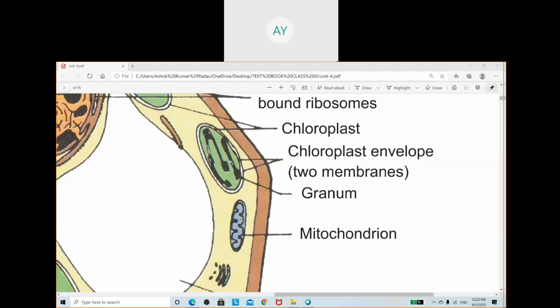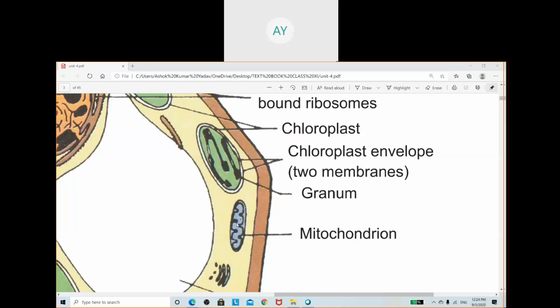If you will differentiate the chloroplast and mitochondria, then you will write the liquid inside the chloroplast is known as stroma, and the liquid inside the mitochondria is known as matrix. So both the liquid naming is different, and you will find circular DNA is present in both the case. That is the chloroplast DNA, and this is the mitochondrial DNA.